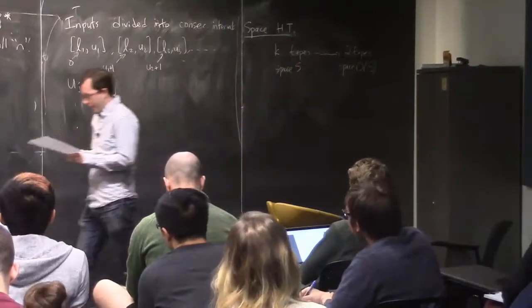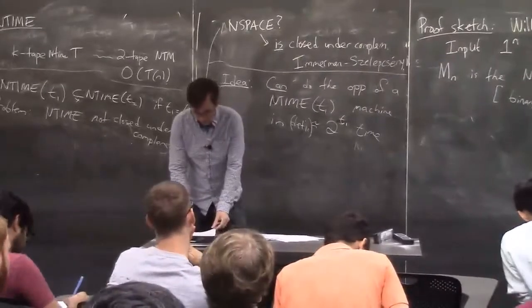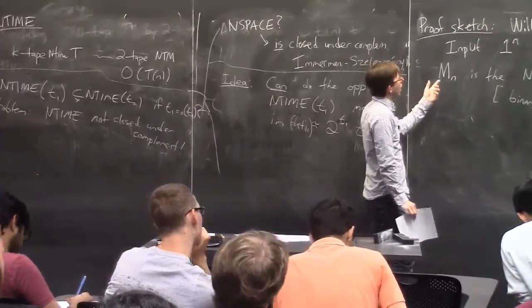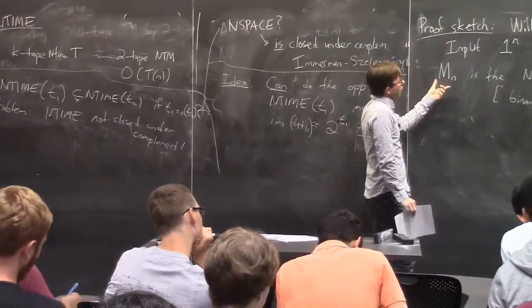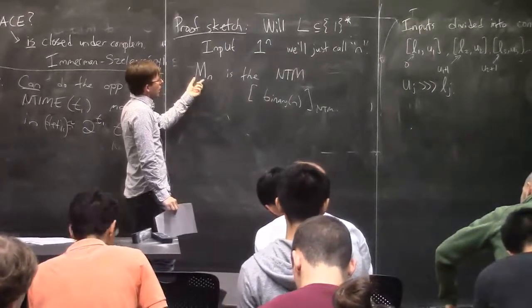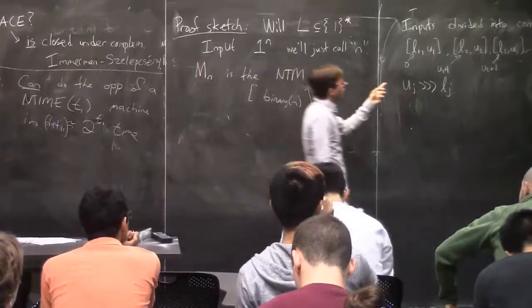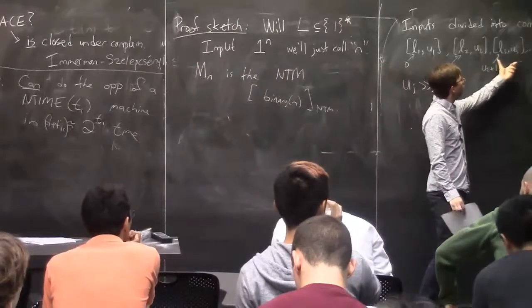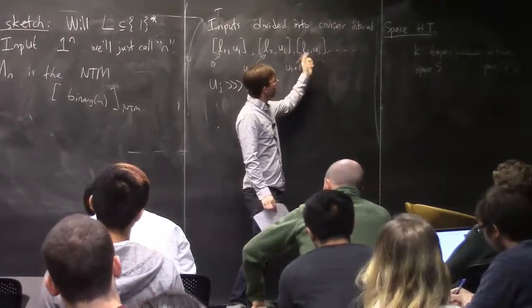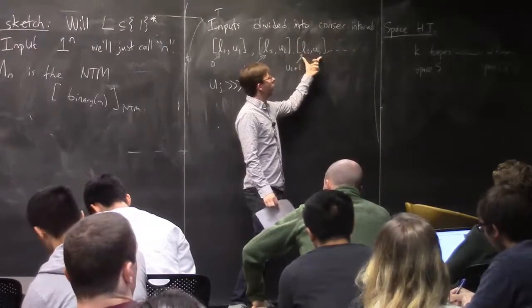Okay, and so as I said, instead of the diagonalizing machine trying to just differ from a given Turing machine Mn on the input n, it'll find what interval n lies in and try to differ from Mn for that interval on at least one string within that interval.